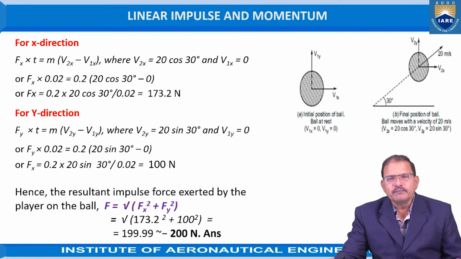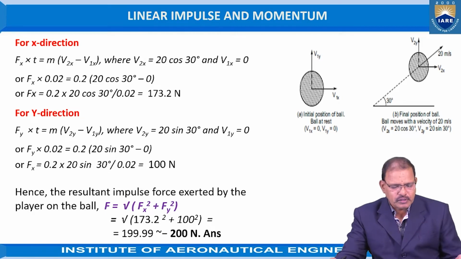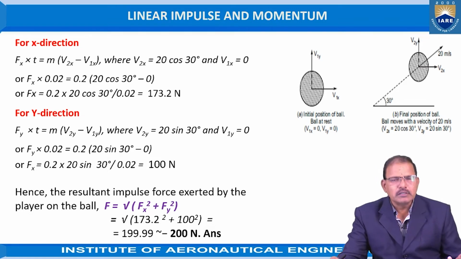Then according to the impulse-momentum equation, impulse is equal to the product of force and time. When it is moving in a coordinate system, first we are taking along the x direction. The impulse acting in the x direction should be equal to the change in momentum in the x direction.